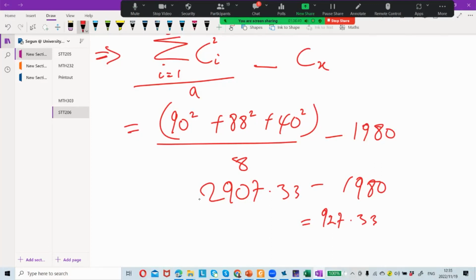That'll give you 2,180.5 minus 1980. That's 200.5.